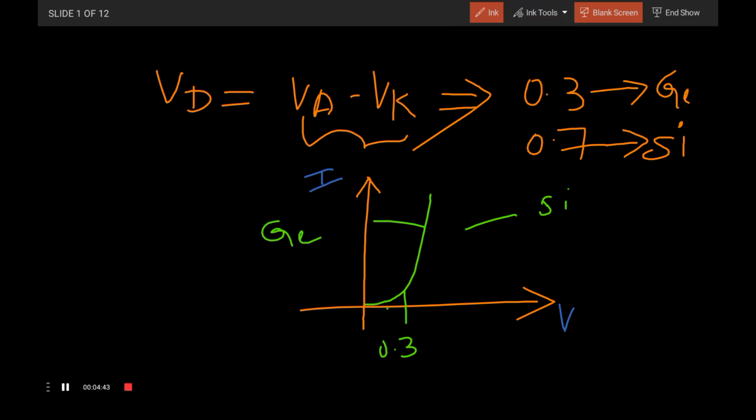If you draw the curve for the silicon diode, it may start like this, and at around 0.7 onwards it starts to conduct. But from a practical point of view, in an electronic devices and circuits lab or any electronics lab, the cut-in voltage starts at around 0.45 onwards, and the diode is in on condition.